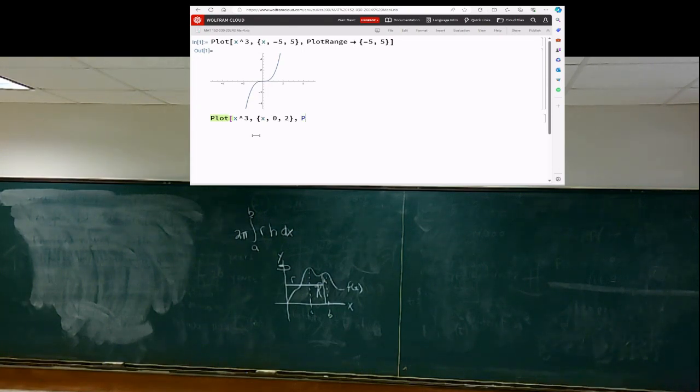I'm going to change my plot style. It's not between two curves, right? It's just between one curve and the axis, so I'm just going to use the axis option.